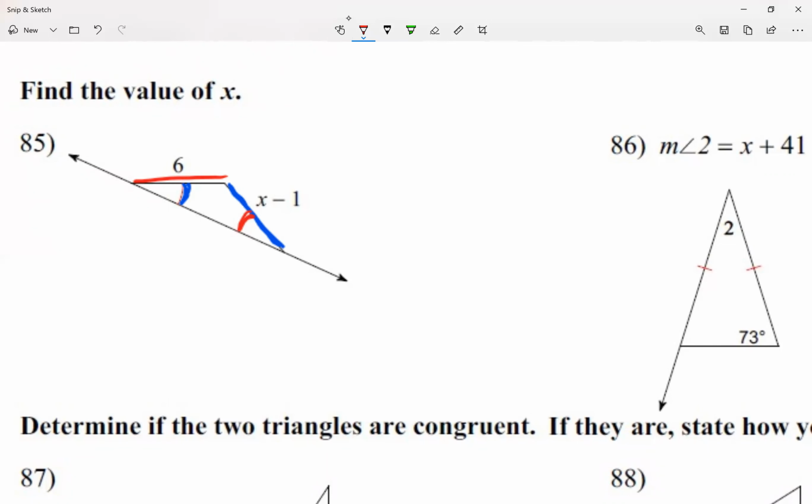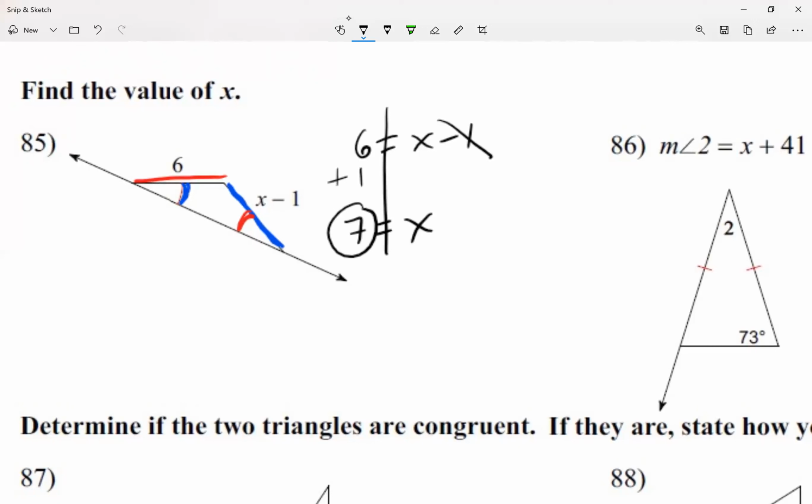Now, because the angles are marked, the angles are equal. If those two angles are equal, those two sides are equal. So the way I'm going to solve for x, I'm going to go 6 equals x minus 1. I'm going to let them equal each other. I'm trying to have x by itself. So this minus 1, I'm going to cancel it as long as I write it on the other side as a plus 1. Gotta switch the sign. So I get that 7 is equal to x. Well, x equals 7.